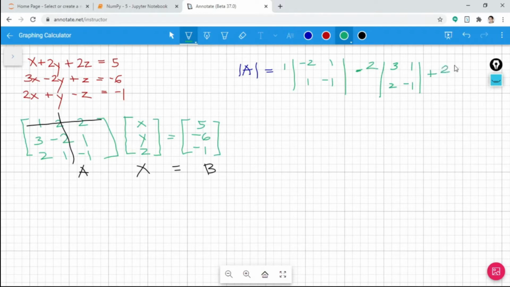We have 2. So this specific one, let me erase this one. Okay, so we have plus 2, then 3, negative 2, 2, and 1.